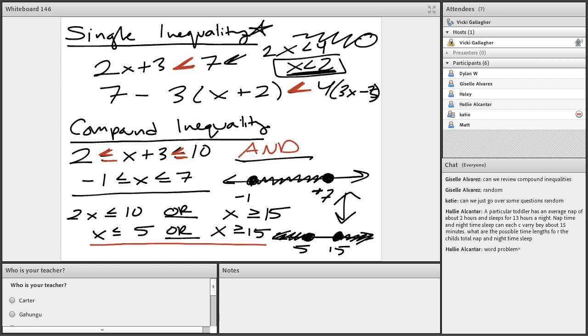You can have a compound inequality, and there are two types of that. There's an and inequality, which usually does not say the word and in the problem. It usually looks like this. And if it's an and problem, normally it's shading together. The other option is you could have an or problem. An or problem will definitely say the word or in the actual problem, and that one has shading apart.